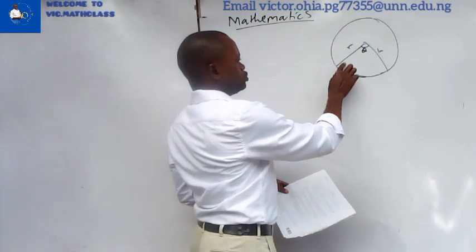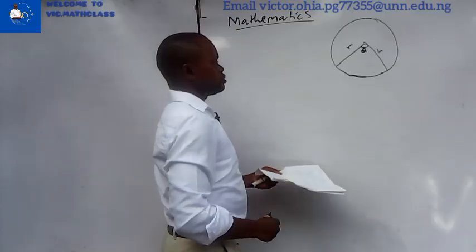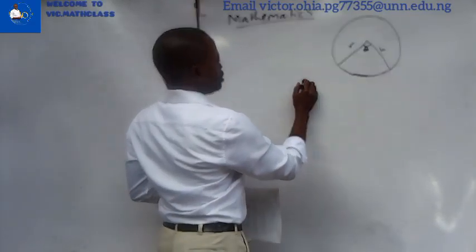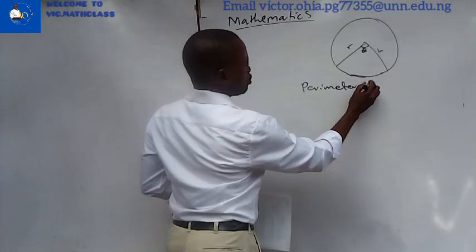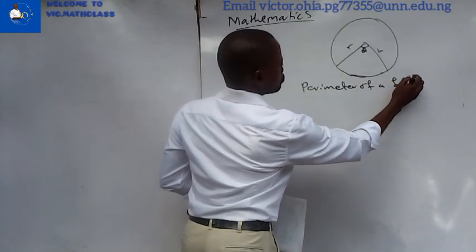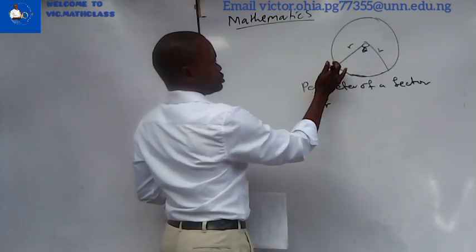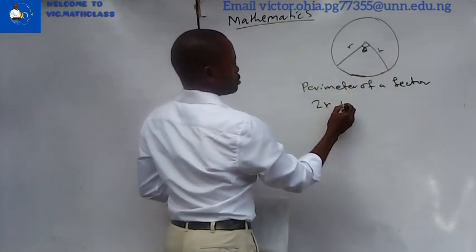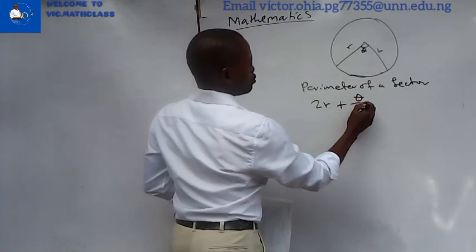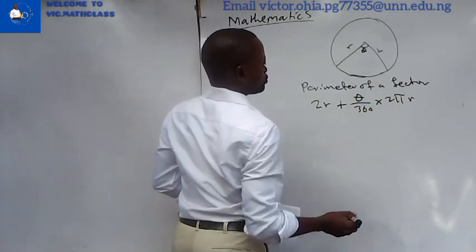When you add this and this, you have 2r. So the perimeter of a sector is 2r, that is two radii, plus the length of the arc, which is theta over 360 times 2 pi r.